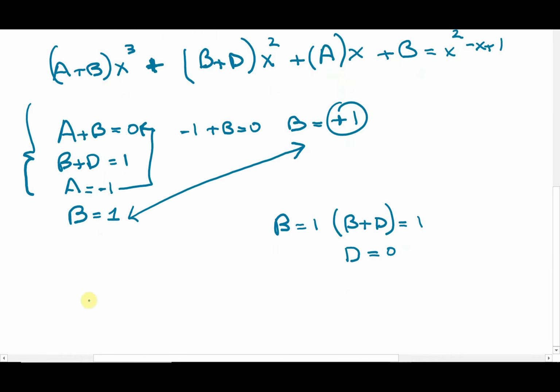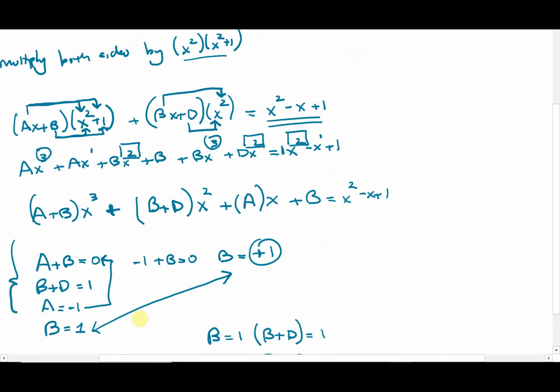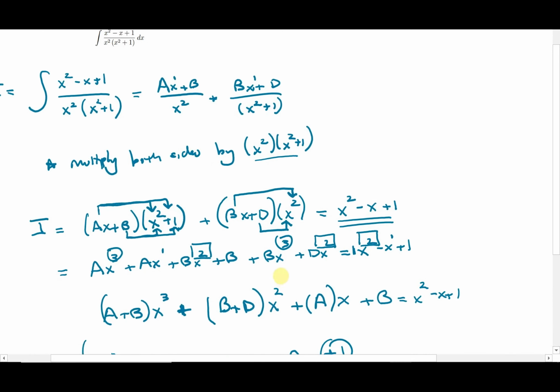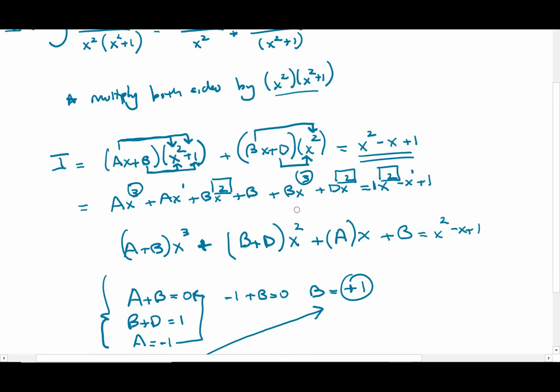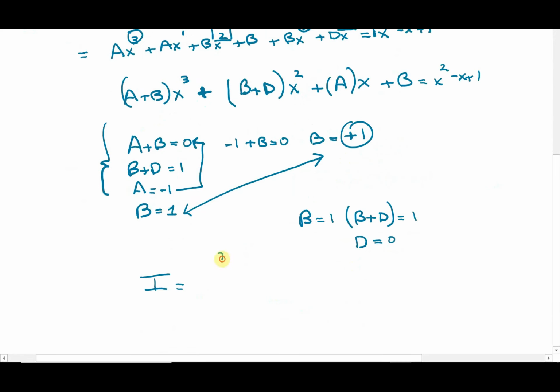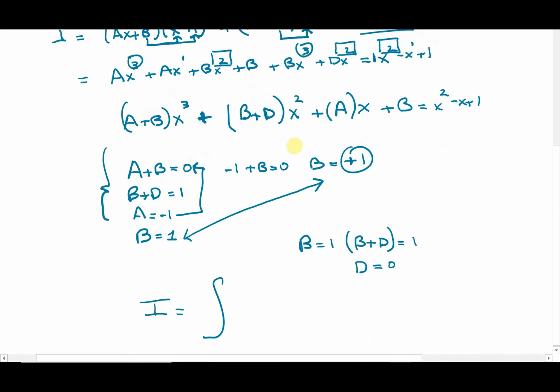So therefore the integral, remember we have, okay, x plus b over x squared. So the integral equals ax plus b over x squared.